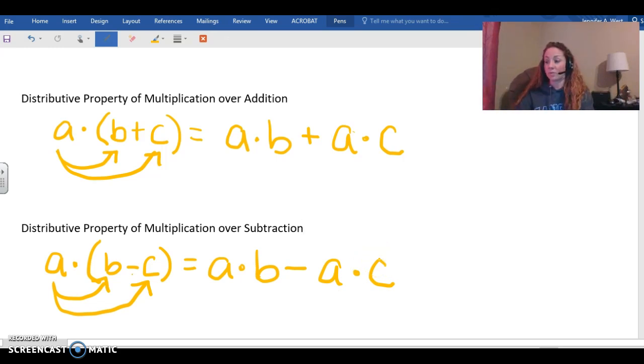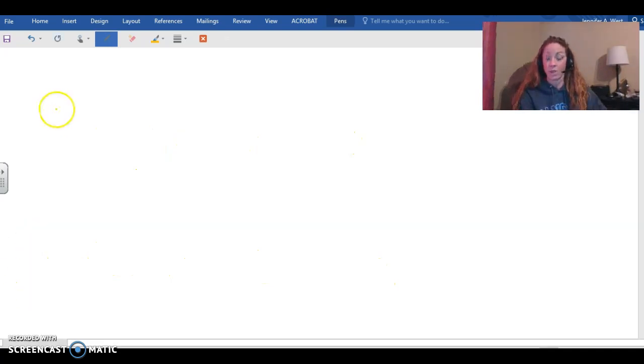We're going to try a few examples together, and then, like usual, you're going to do a few of them in your notes. You need to make sure you include each step in your notes, just so you can refer back to them if you ever get stuck. Okay, here's your first one. We have 2 times x plus 4.